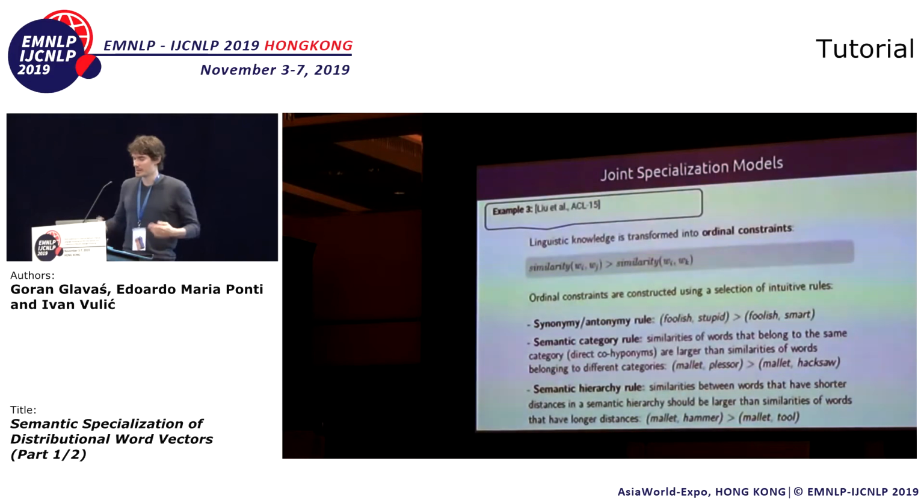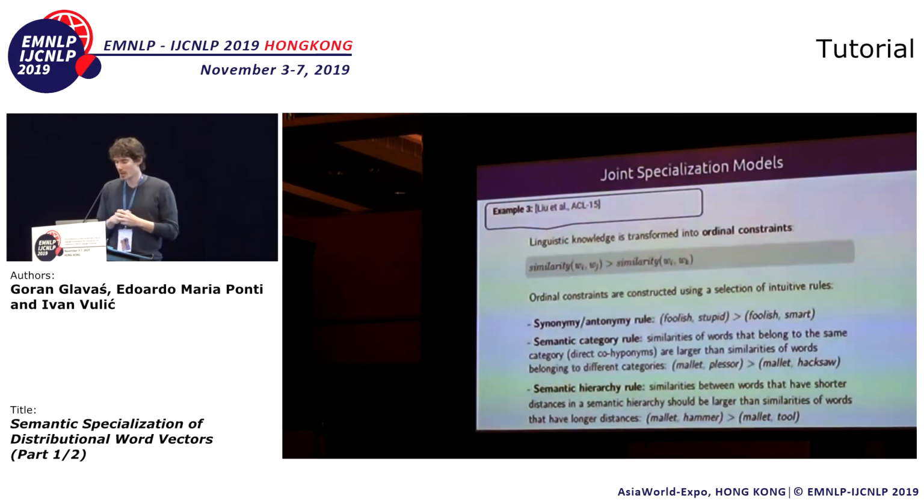Then there were other ideas. For example, this model from Liu et al. imposed ordinal constraints along with the distributional objective. And the idea is if you have two words in your constraint set, you want to rank their similarity higher than the similarity of some other word which also stands in a relation with the first word.